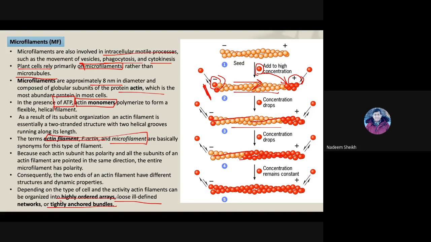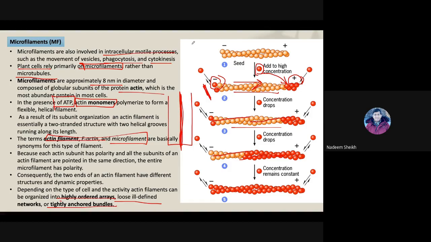For example, if we talk about epithelial cells which have a columnar shape, these filaments must be tightly anchored so that the longitudinal shape of the cell can be maintained.